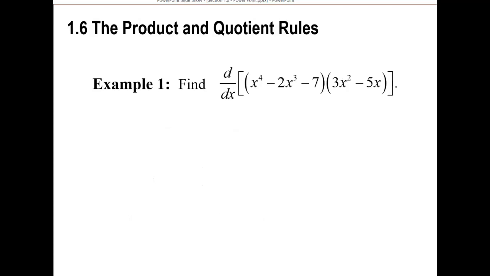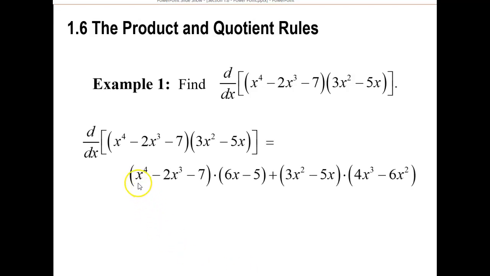All right, our first example, find the derivative with respect to x of the product of this function, x to the fourth minus 2x cubed minus 7 times the function 2x squared minus 5x. So our rule for finding the derivative of the product would be the first function, x to the fourth minus 2x cubed minus 7, times the derivative of the second, so this is where they're getting this 6x minus 5 comes from differentiating this.